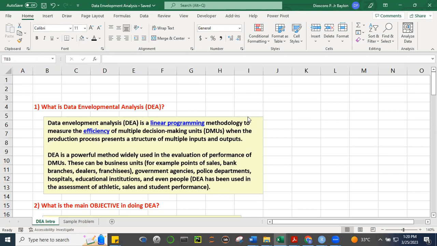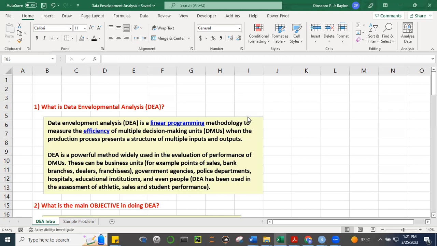DMUs are decision-making units. These may be institutions that make use of inputs and generate outputs. I guess there's no company in the world that does not make use of inputs and then generate outputs.